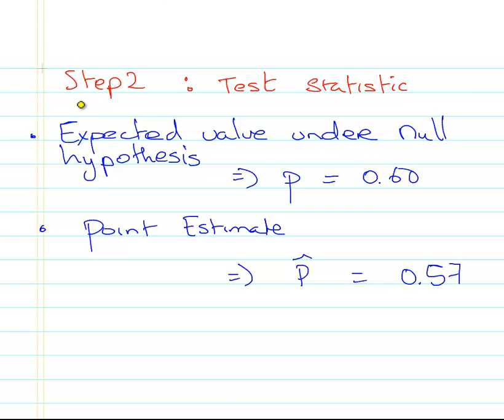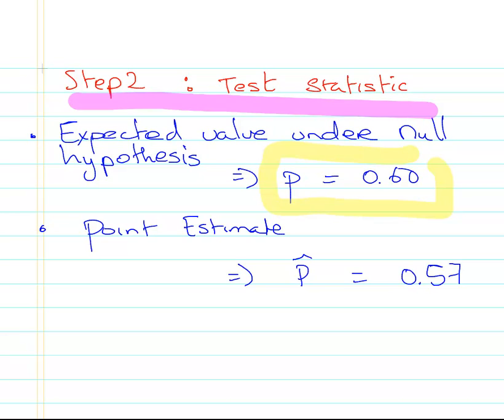So what we're going to do is calculate the test statistic. There are two parts to this: expected value under the null hypothesis. Under the null hypothesis, where there's been no change from one week to the next, we expect the true proportion in favor to remain as 60% or 0.60.